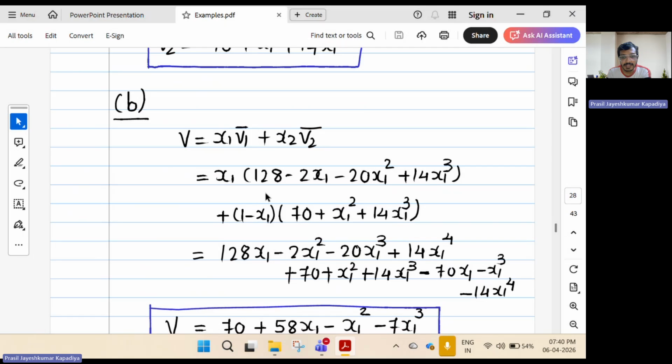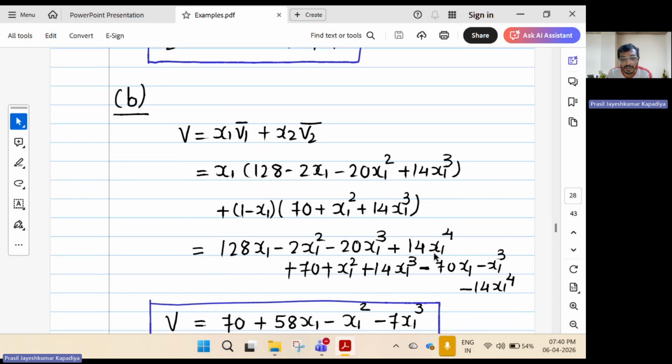So 120 x1 minus 2 x1 square minus 20 x1 cube plus 14 x1 to the 4, plus 70, plus x1 square plus 14 x1 cube minus 70 x1 minus x1 cube minus 14 x1 to the 4. So the terms with power 4 cancel out.